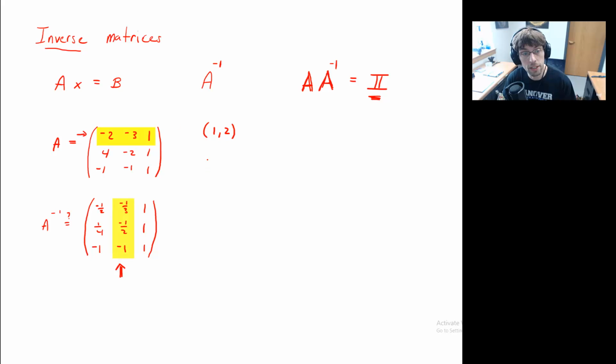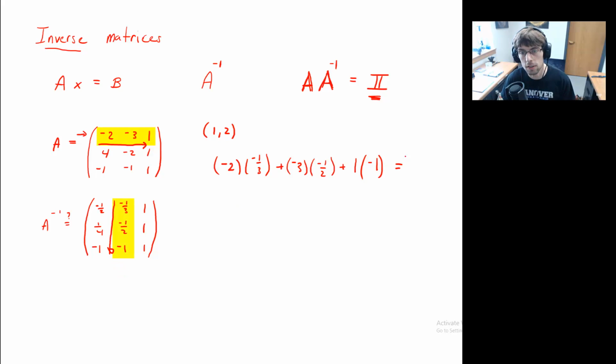We simply apply our rules of matrix multiplication. So we have -2 times -1/3, plus -3 times -1/2, plus 1 times -1. So you see I'm going across the row and multiplying going down the column.